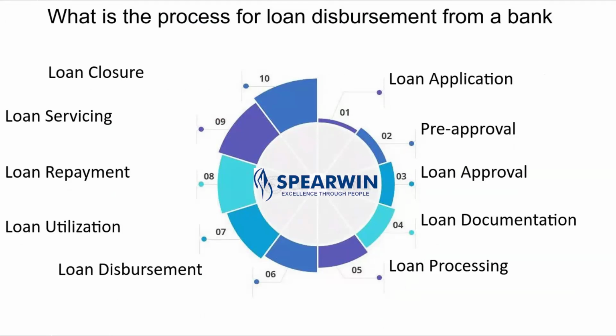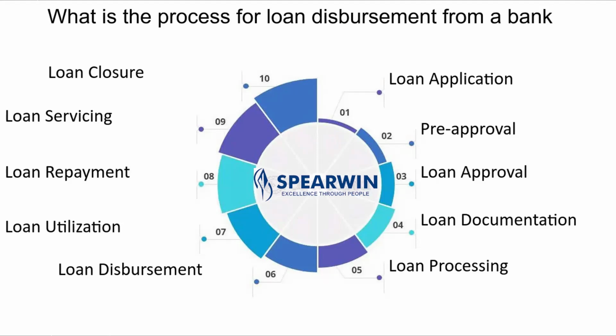This pre-approval is done by the bank team at the first level of the investigation team, and then the manager approves it, and then it goes to the next stage, where the customer's documents are verified against his credit history and the credit bureau report.